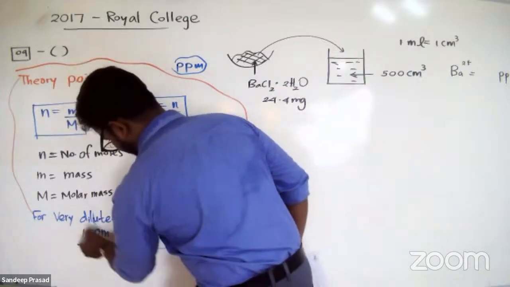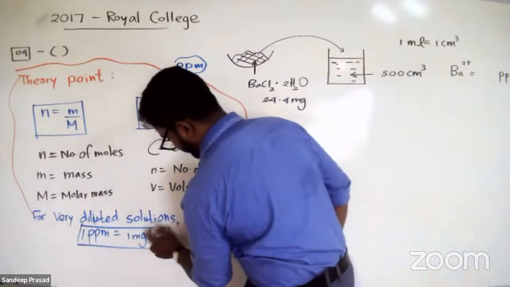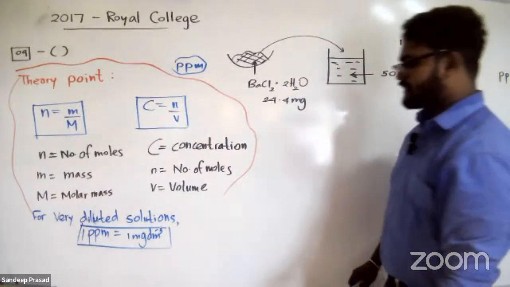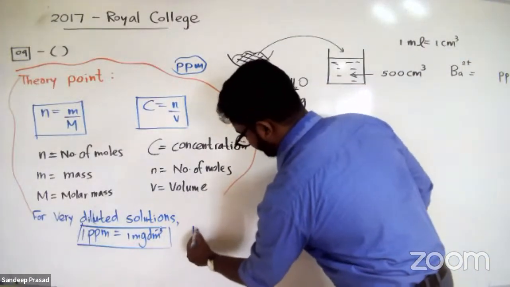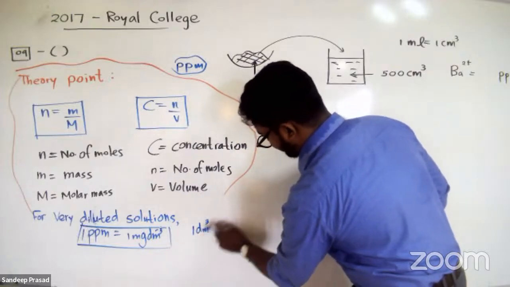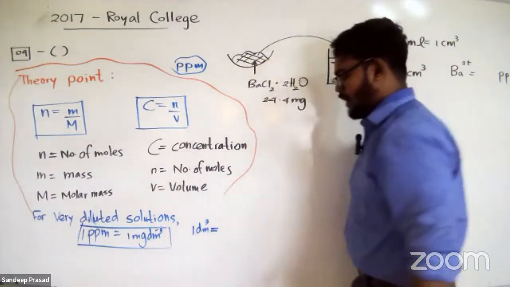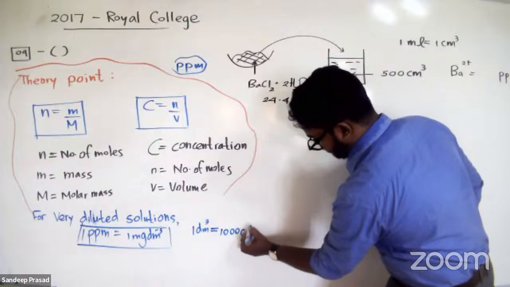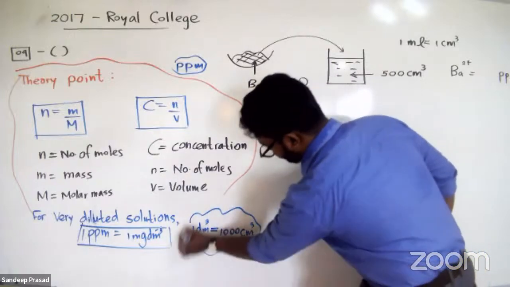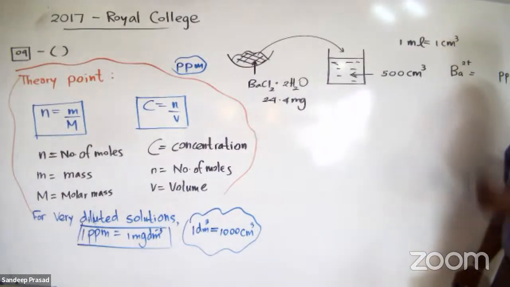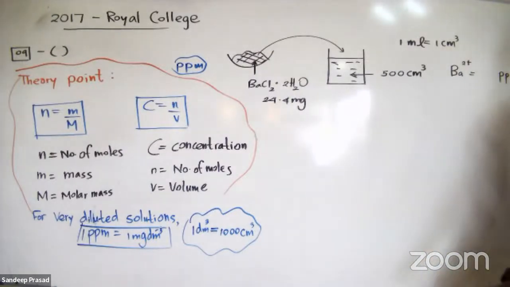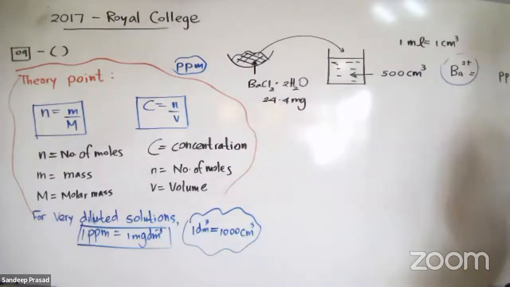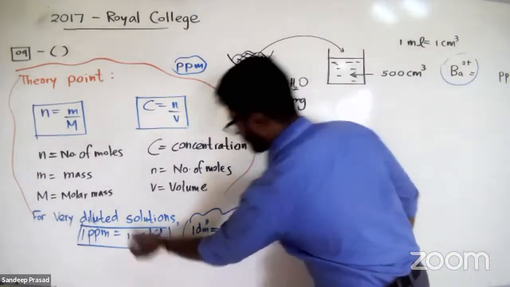One more thing I want to remind you: 1 cubic decimeter is equal to how many cubic centimeters, students? 1 cubic decimeter is equal to 1000 cubic centimeters. These unit conversions are very, very important. Now let's find out the barium 2+ content. So ppm means milligrams per cubic decimeter.